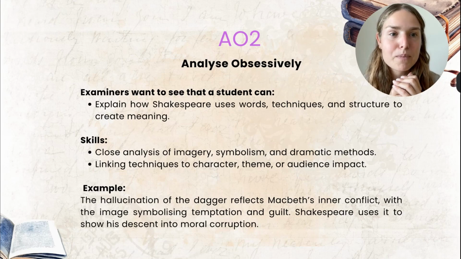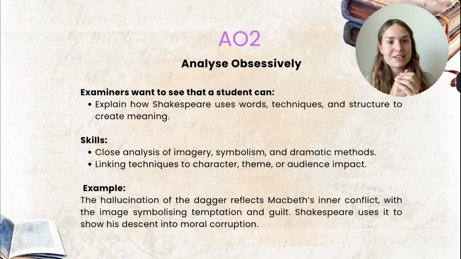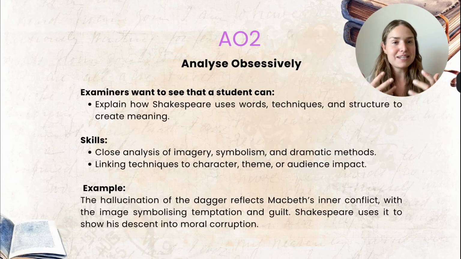So, for example, when we're analyzing the imagery of the dagger in Shakespeare's Macbeth, we're going to think about the inner conflict. We're going to think about the symbolism that represents for him. The image symbolizes temptation and guilt, and Shakespeare is using this to show Macbeth's descent into moral corruption.